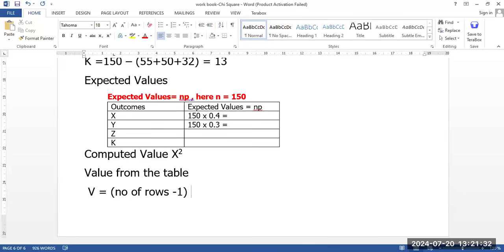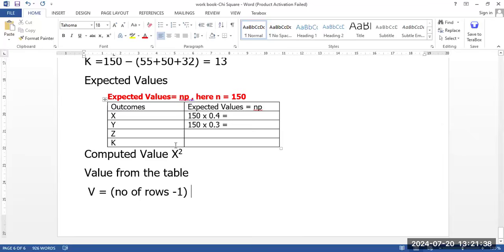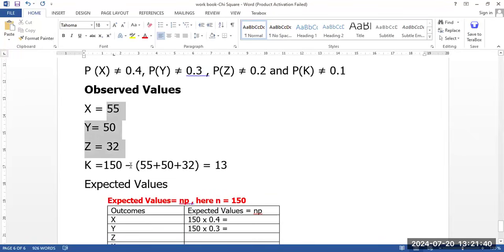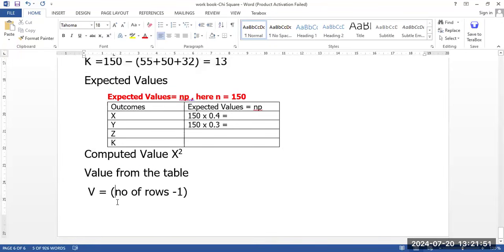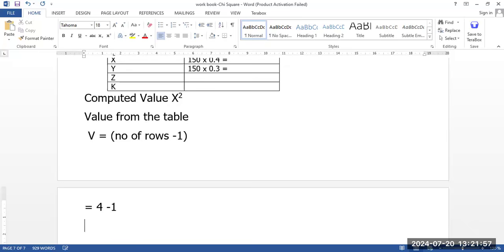Are you going to put number of columns here? That bracket, are you going to put it there? Because we have only one column. But we have how many rows? 1, 2, 3, 4. So it will be 4 minus 1, which is equal to 3.